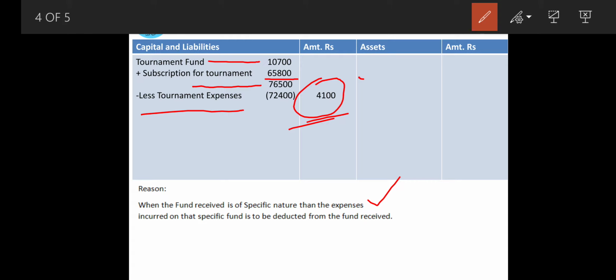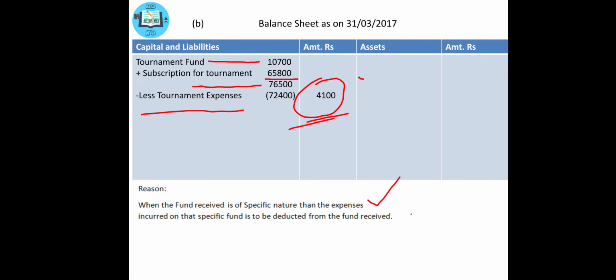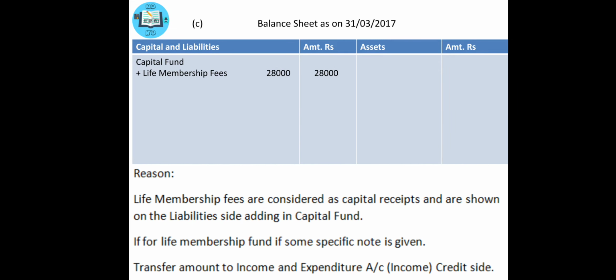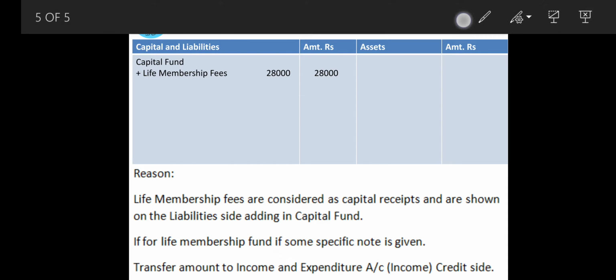Now I am switching towards the third part of this sum, that is C, life membership fees received during the year. So what is life membership fees? For life membership fees, if nothing is mentioned and no specification is given, then they are treated as capital in nature.